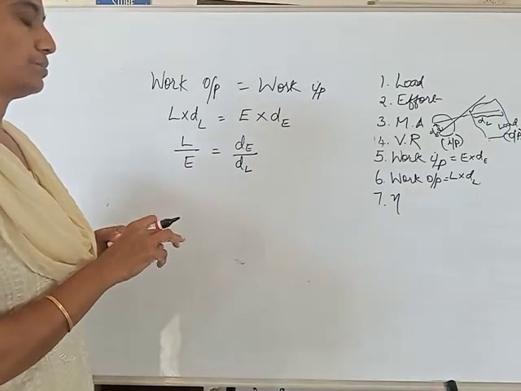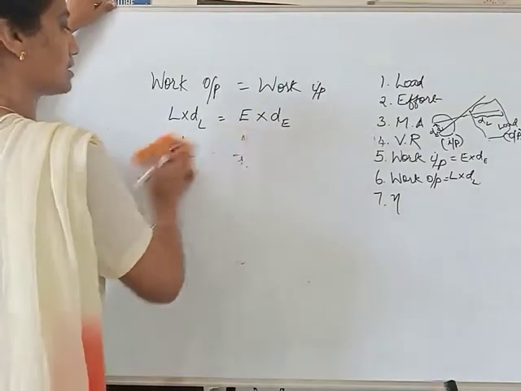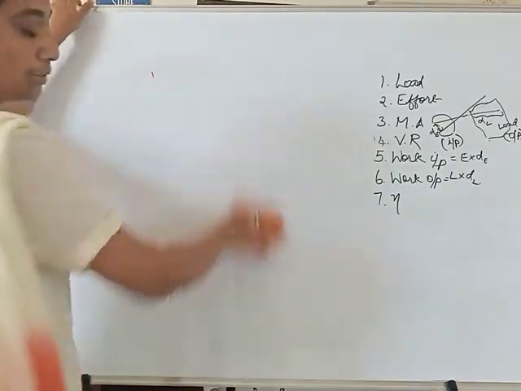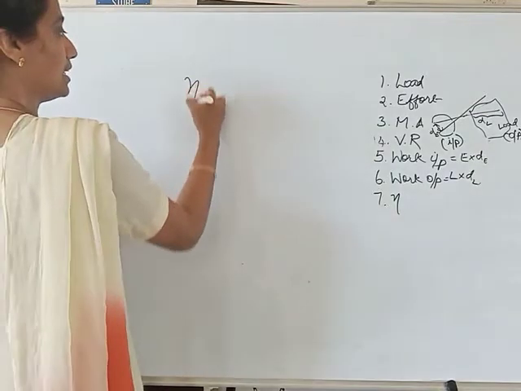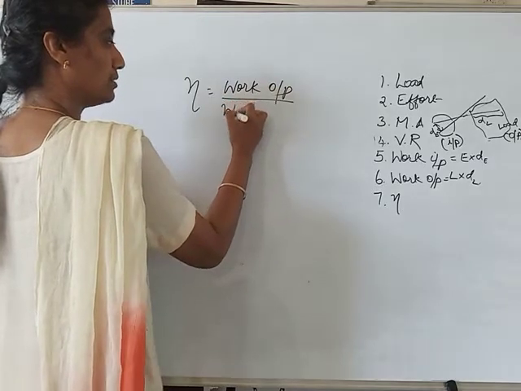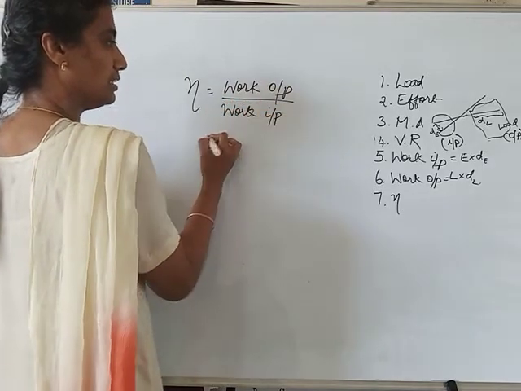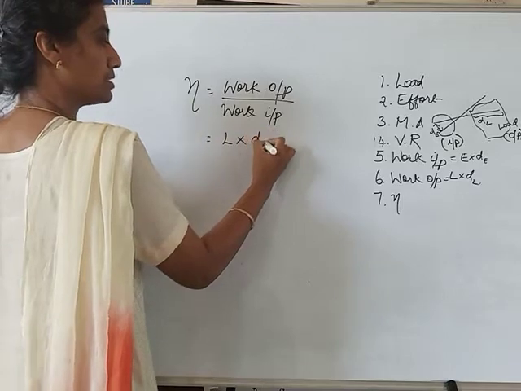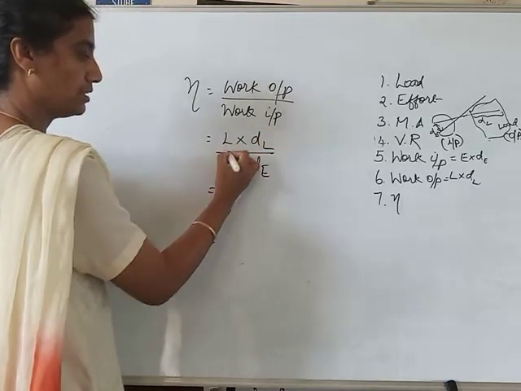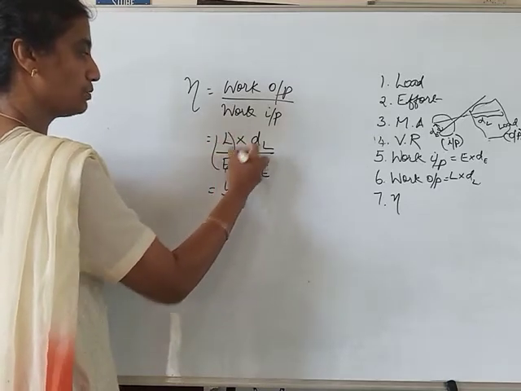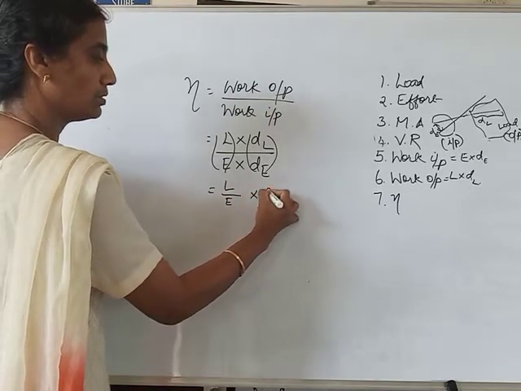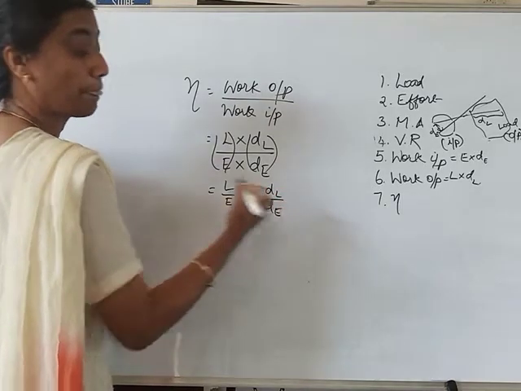Okay, this is the condition for an ideal machine, but if you have to find efficiency, you have to start with the formula for efficiency, that is work output upon work input. Our output is load into distance traveled by load. Input is effort into distance traveled by effort. So I'll group these 2 and these 2: load upon effort multiplied by DL by DE.